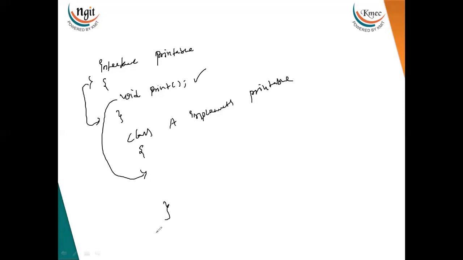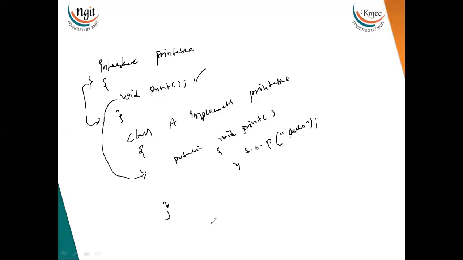Now here I'm providing a body to this print method, right? So public void print, I'm providing the body here. You can provide anything, System.out.println. I'm giving something like hello, right?